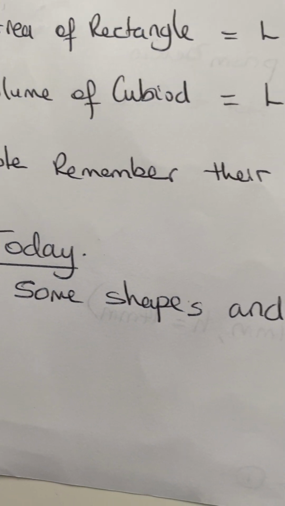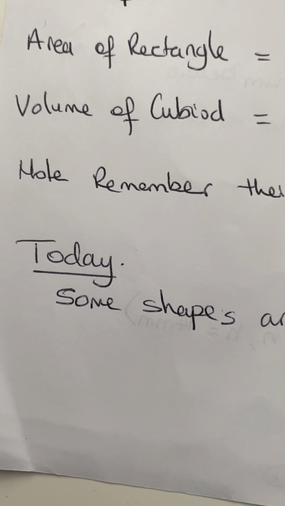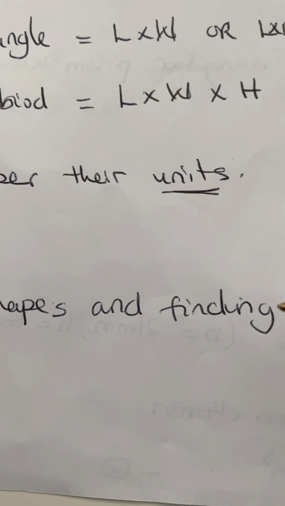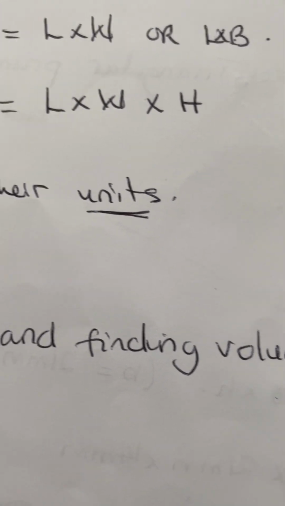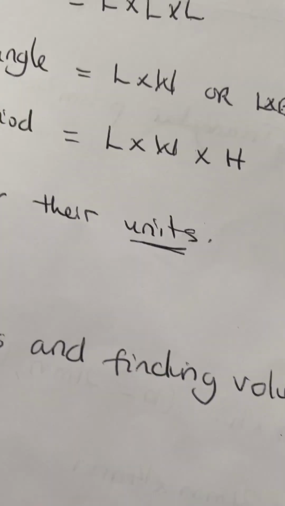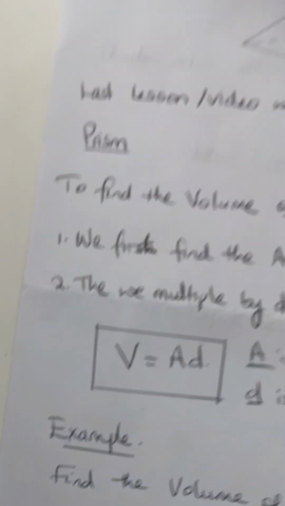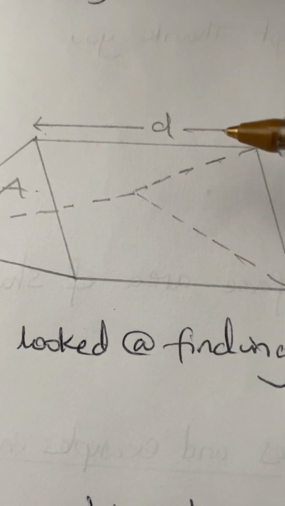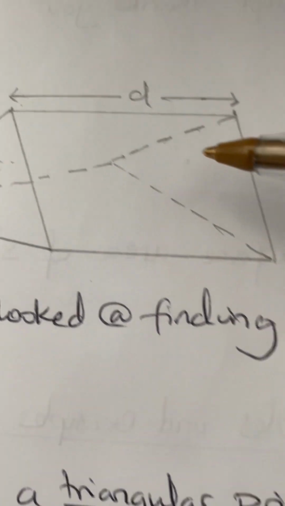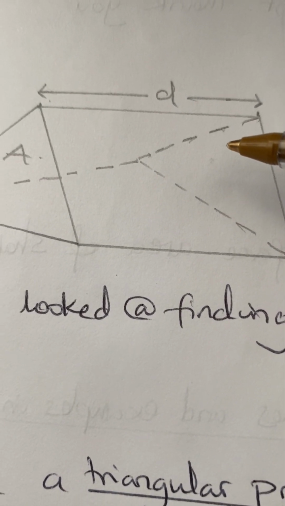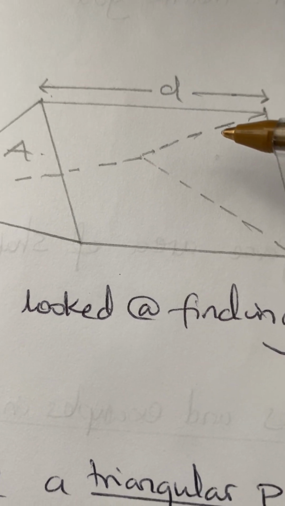Today, we are going to look at some shapes and finding volume. Last video we looked at this shape, the triangular prism. In the last two videos we found the surface area.